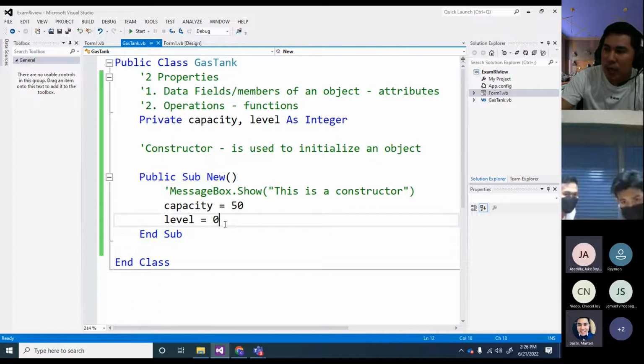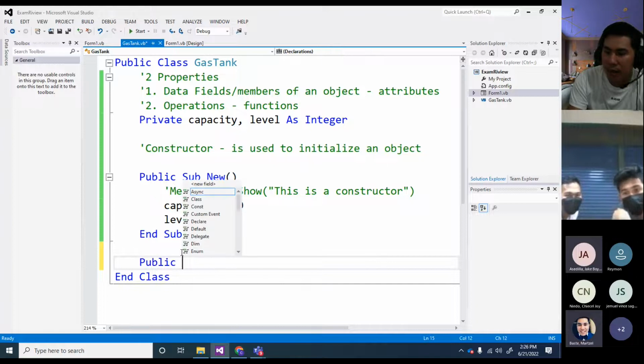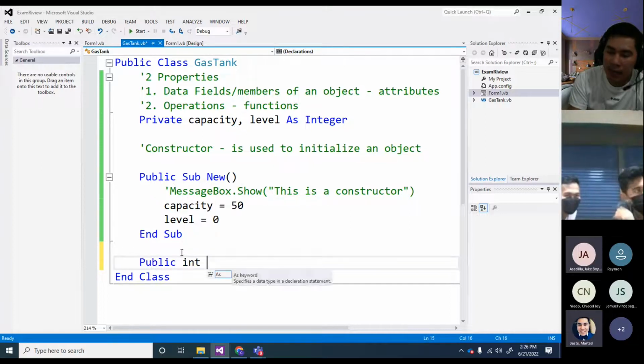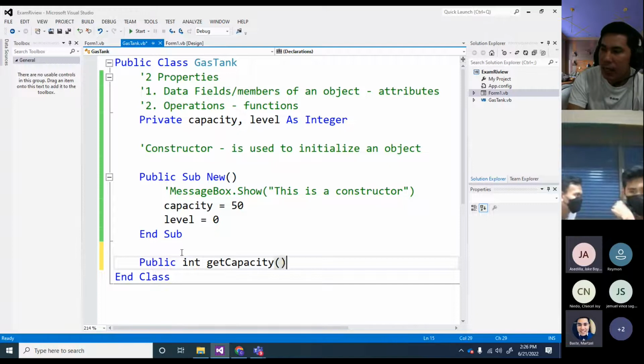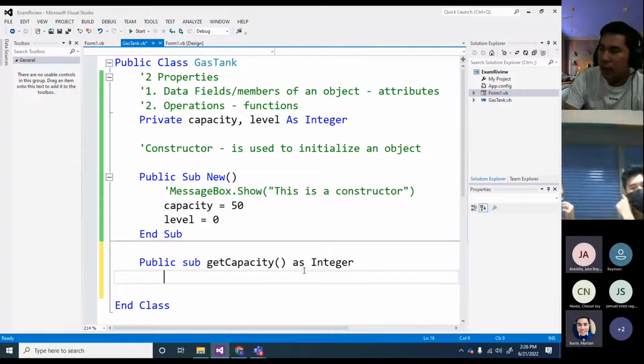Okay? So, pwede na ito ipagawas by calling public, let's say, int capacity or get capacity na lang. Get capacity. Sorry, public sub get capacity as integer.